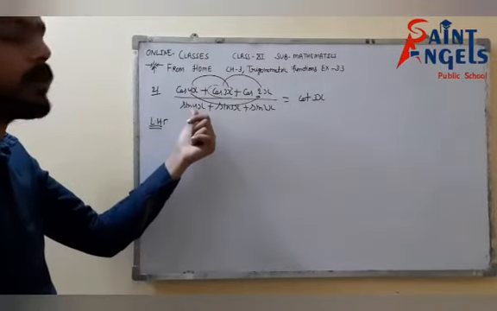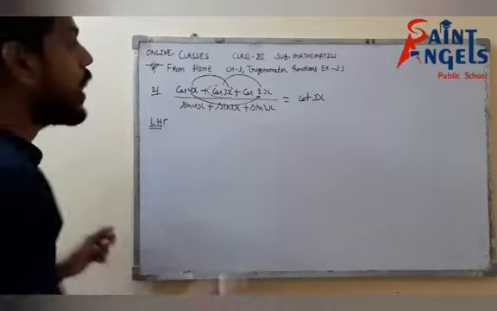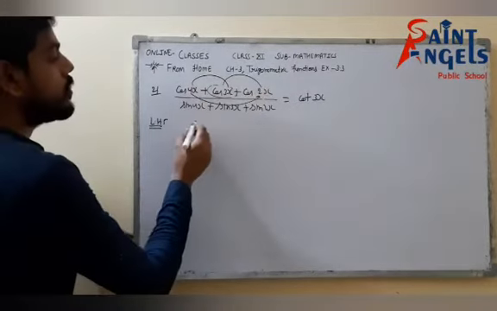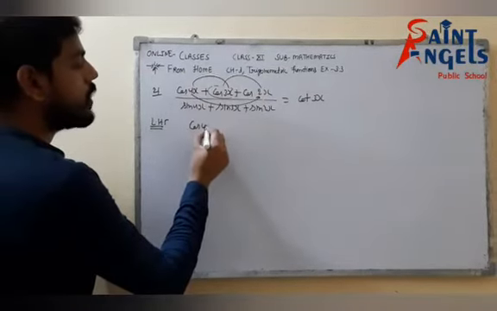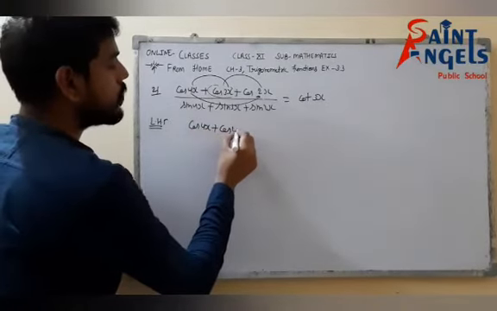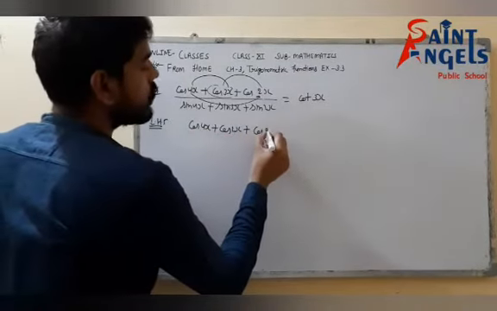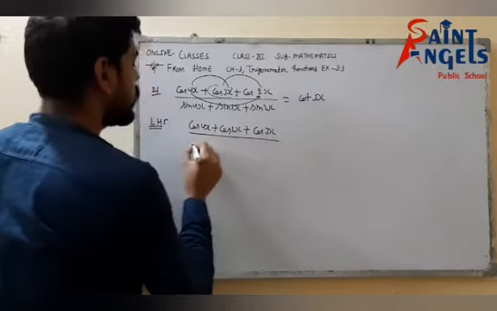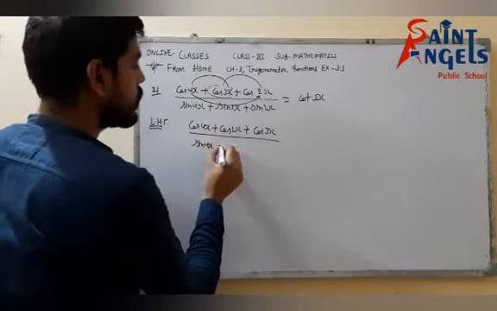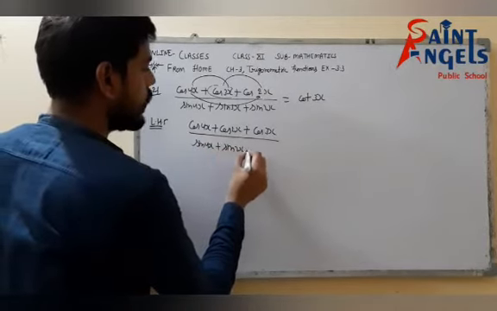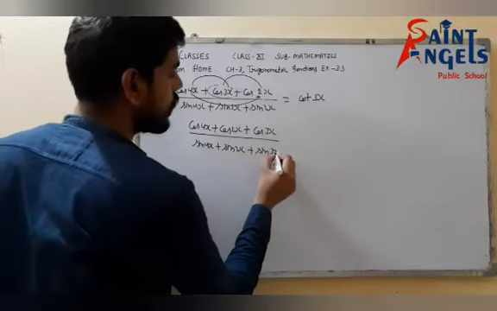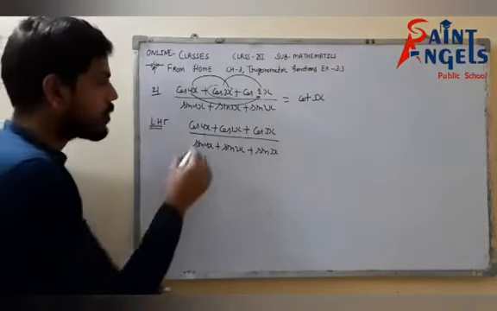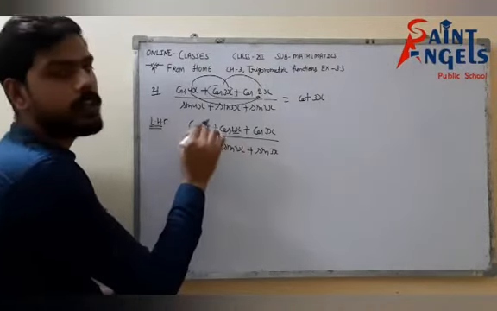Same here in the denominator, sin 4x plus sin 2x. So I'm putting these two values together. My LHS would be cos 4x plus cos 2x plus cos 3x upon sin 4x plus sin 2x plus sin 3x. Okay students, now I'm applying the formula of cos A plus cos B over here.